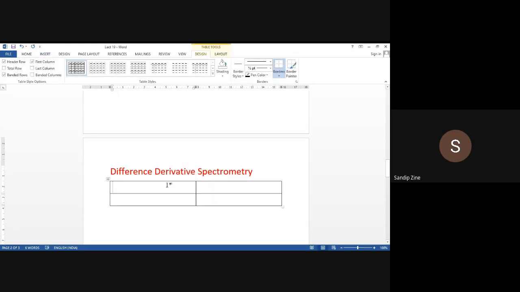So what is the difference you will observe in normal UV or colorimetric procedures? How will you scan? For example, I'm just writing over here normal UV analysis, or maybe colorimetric. What is the basic observation when we carry out experiments on a colorimeter or normal UV method? The reference and the test solutions are prepared, isn't it?